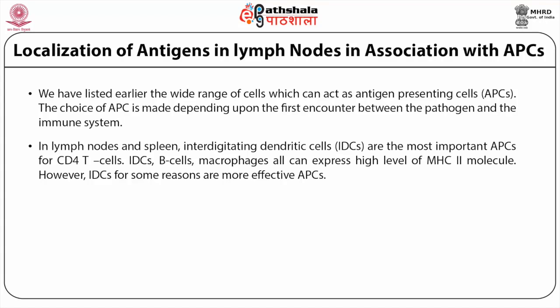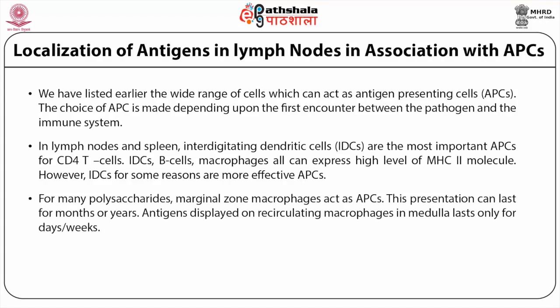However, IDCs for some reasons are more effective APCs. For many polysaccharides, marginal zone macrophages act as APCs. This presentation can last for months or years. Antigens displayed on recirculating macrophages in the medulla last only for days and weeks.